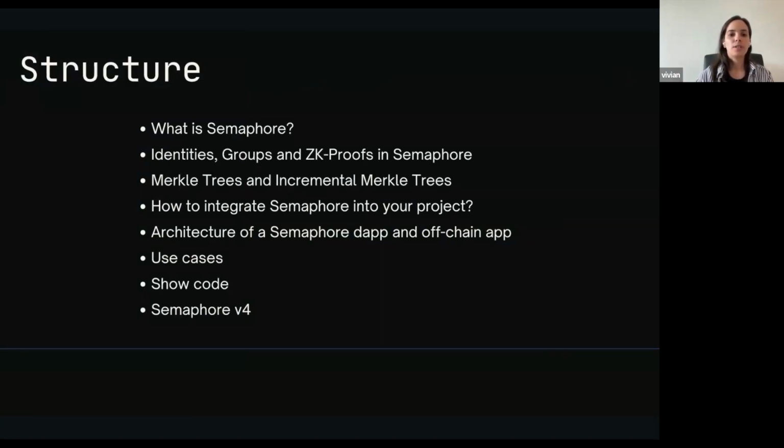And also I will talk about some use cases and show some code. And then I will talk a little bit about the next major Semaphore version, which is version 4. So yeah, we have time for all these topics.